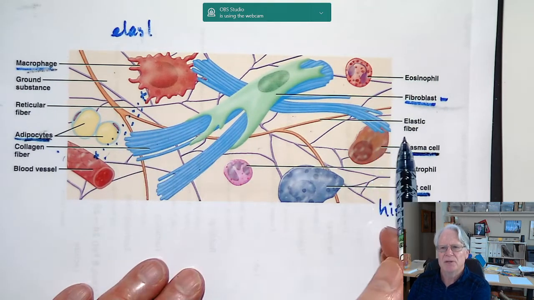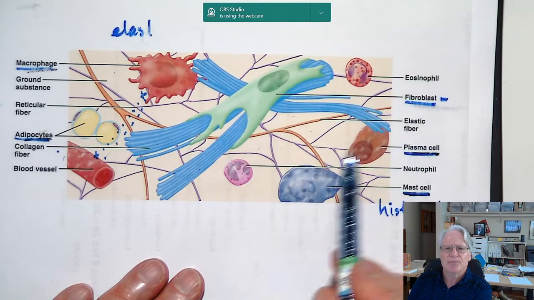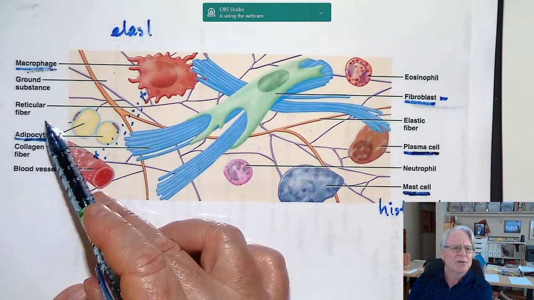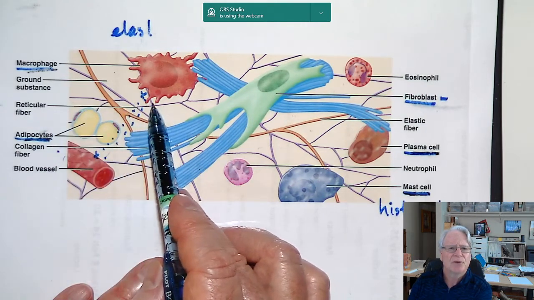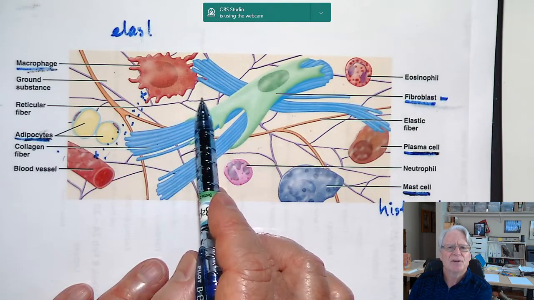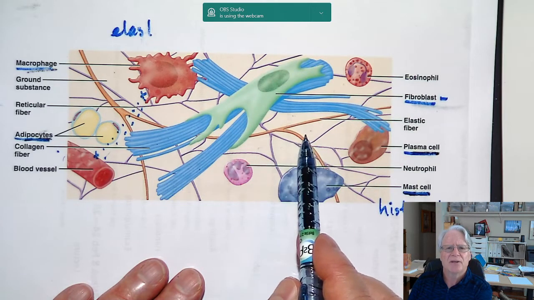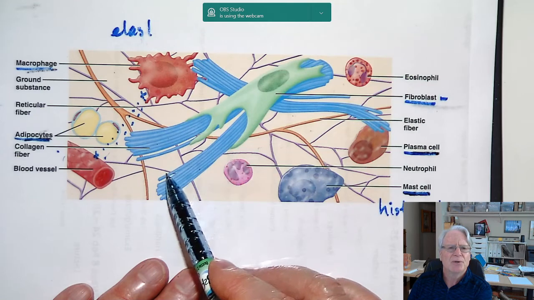We also have elastic fibers, and we also have collagen or reticular fibers. There we are, reticular fibers, which are the fine branching fibers that you see here. So we have the elastic fibers, which are brown here. We have the larger blue collagen fibers.